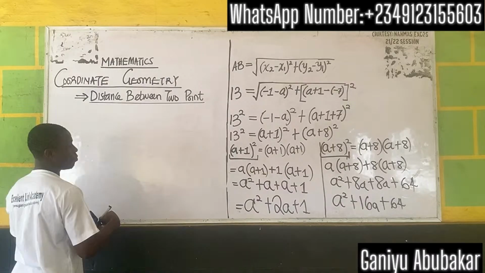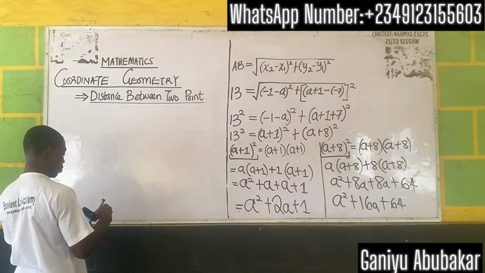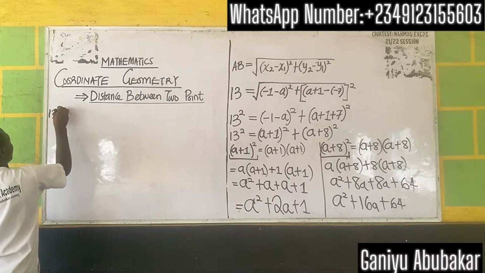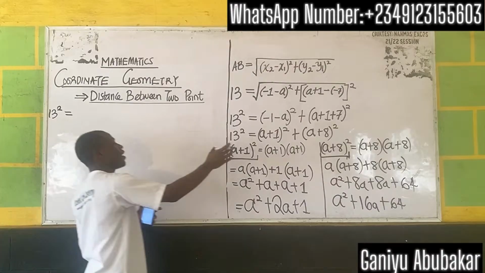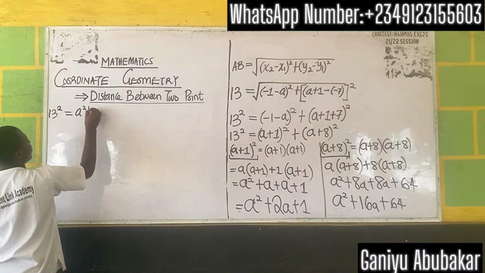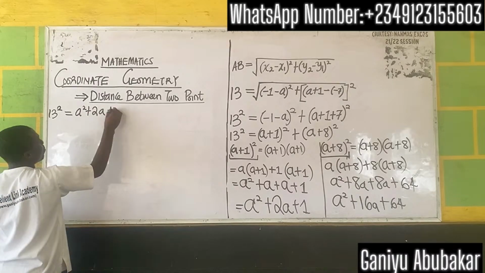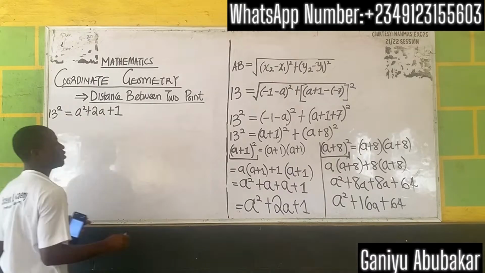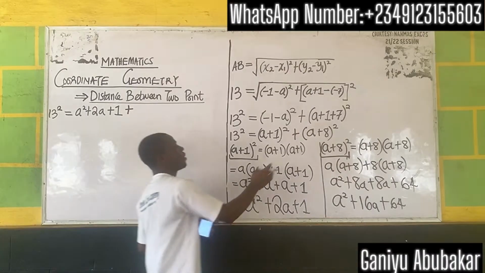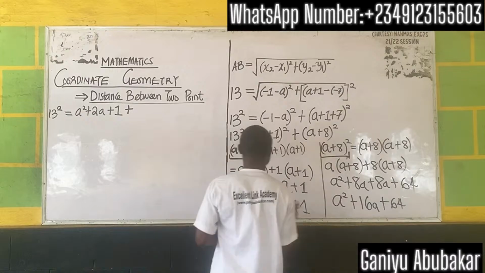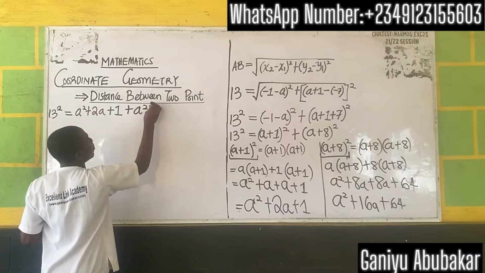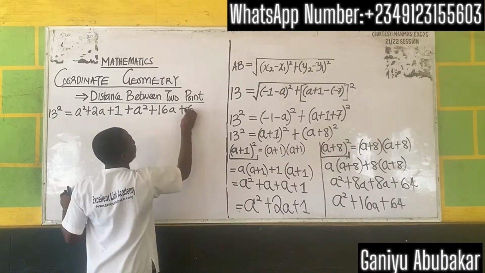So from this part here, that gives you 13 squared is equal to, after expanding this one here, I have this answer. That's a squared plus 2a plus 1, right? Then this plus sign, plus, if I expand this one here, I have this answer here. That gives me a squared plus 16a plus 64.